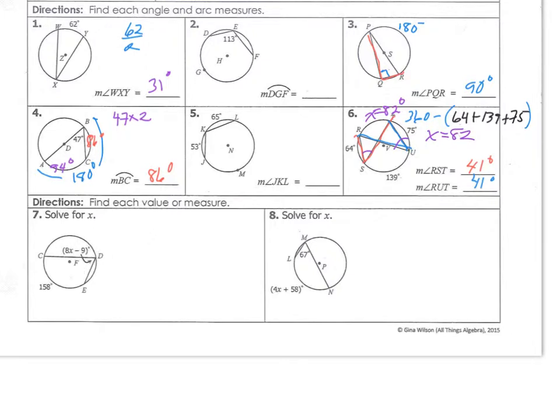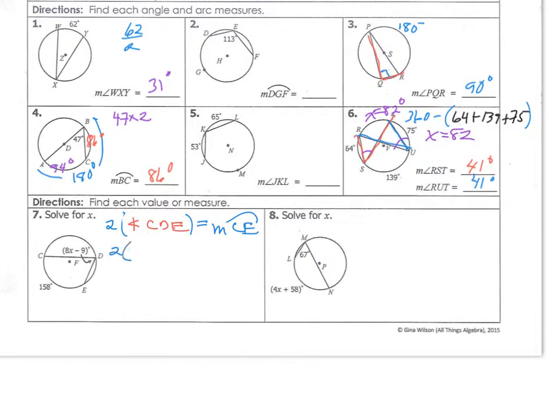So we're going to take 2 times angle CDE, which should equal the measure of arc CE. So we're going to plug and chug.